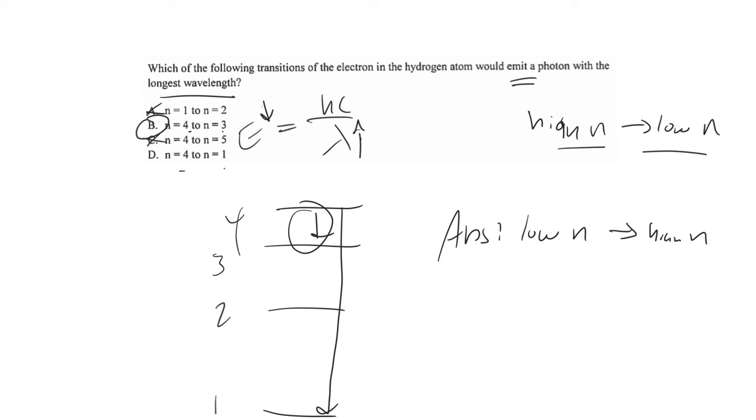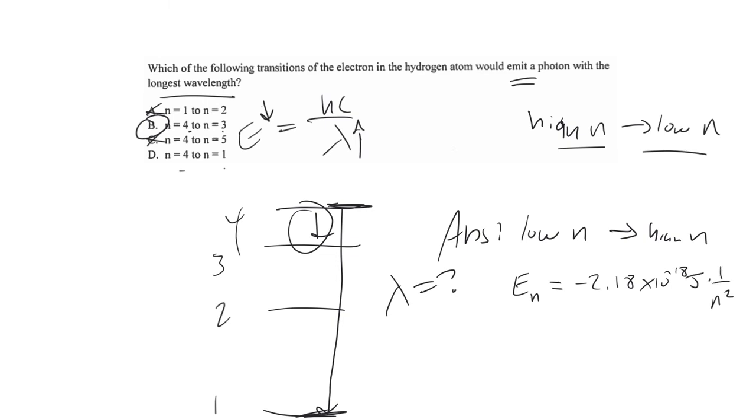Now, if we were asked to calculate the wavelength associated with one of these transitions, we could say, well, what's the wavelength associated with the emission from 4 to 1? How do we do that? Well, the equation I would use is the Bohr model equation. Energy as a function of n is equal to minus 2.18 times 10 to the minus 18 joules times 1 over the n value squared.